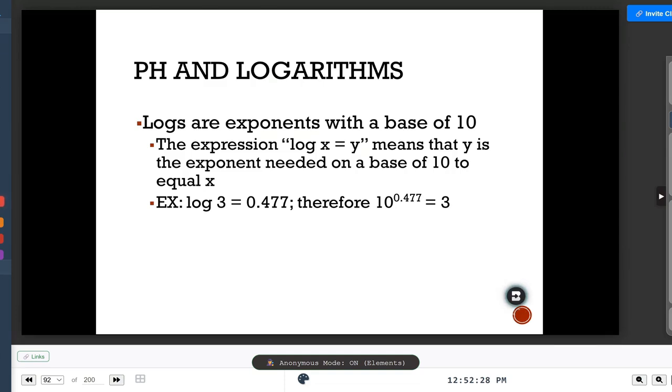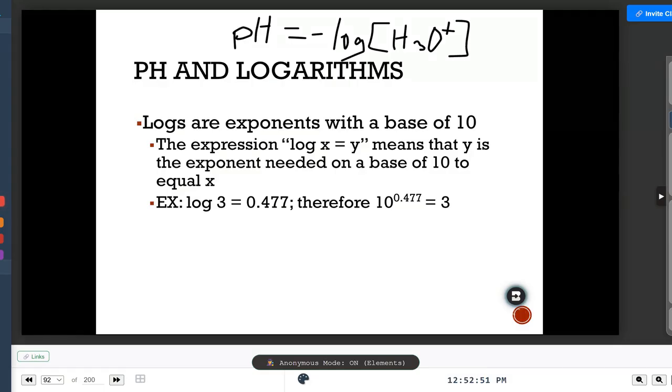Now, we do have the ability to take a pH and figure out a concentration from the pH, right? Before, we took a hydronium ion concentration and applied a negative log to it in order to figure out the pH. But what if we started with the pH and wanted to figure out the concentration?